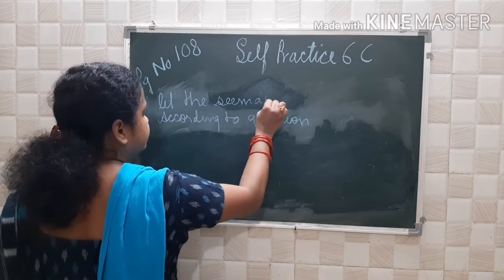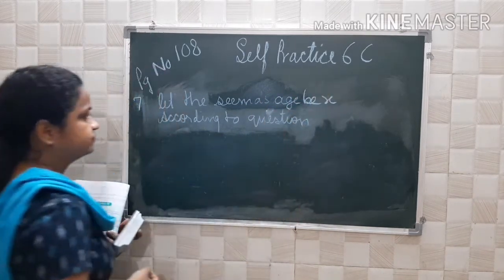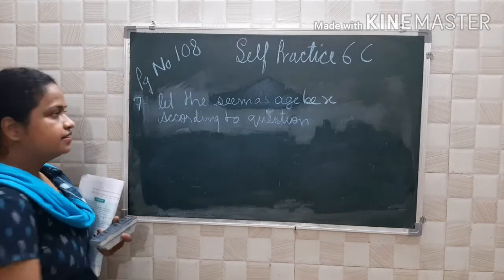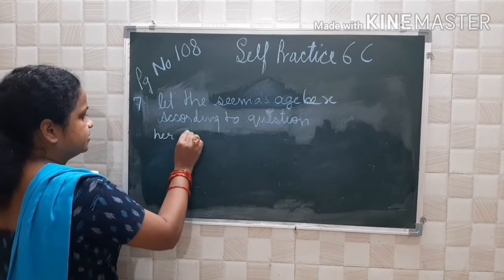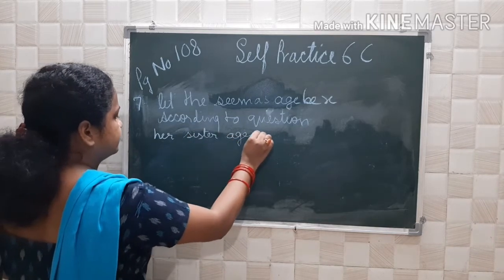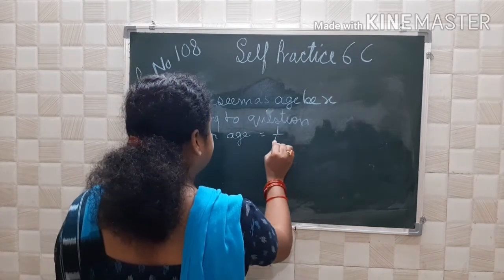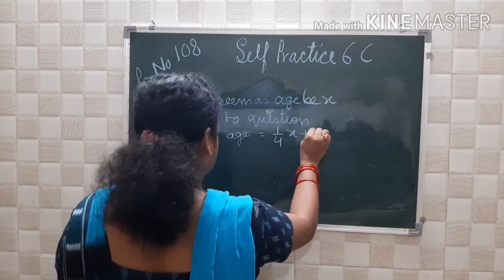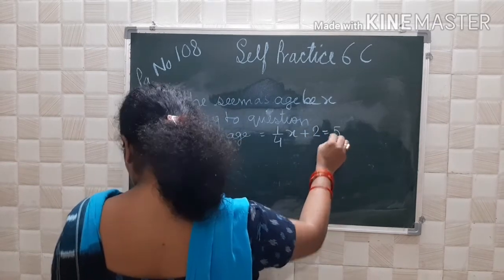Now her sister's age is equal to 1/4 x plus 2, which is equal to 5.